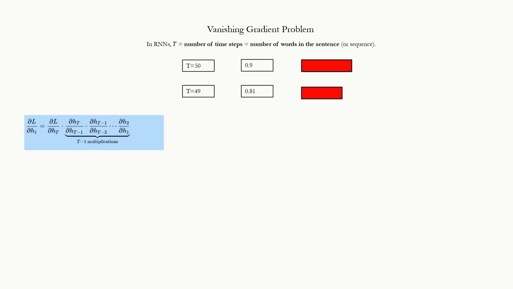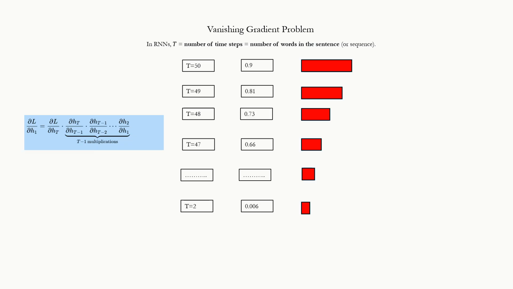So we're multiplying by 0.9 downwards, 0.73, 0.66, and so forth and so forth, and it gets to 0.006. So how the current hidden state changes with respect to the last hidden state, the gradient with respect to h1 accumulates contributions from all future hidden states because h1 influences h2, which influences h3, and so on, all the way to the final loss.